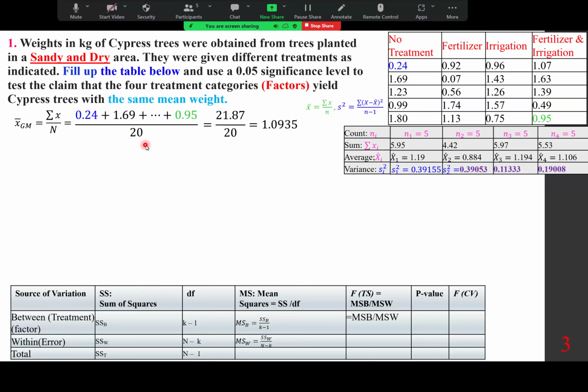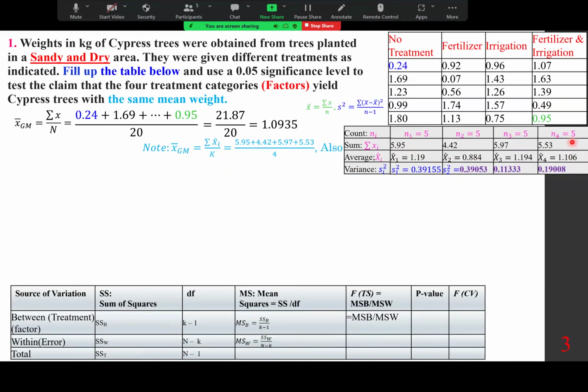Now, we could also calculate this since we already have these averages. You can add these 4 and divide by 4. So note this grand mean, again, this is from the get-go. Since we have these averages, we add them up, the summation of x bar sub i, divided by 4.